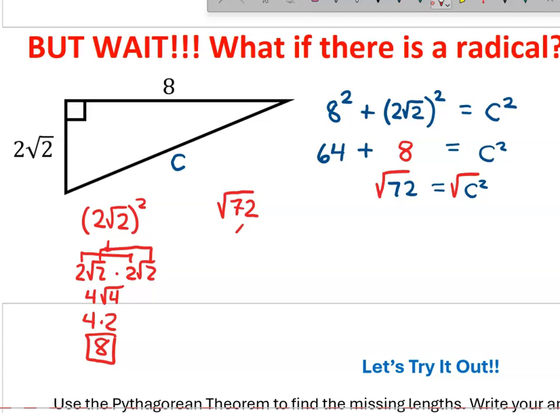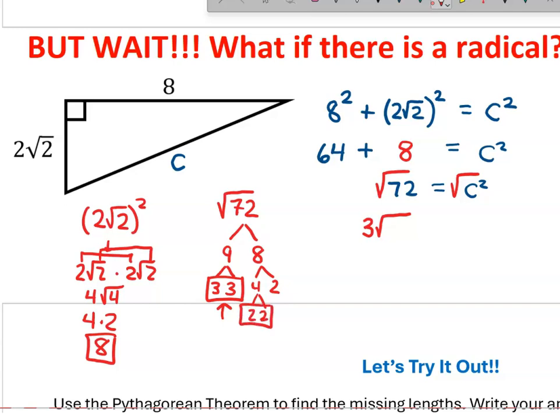So what I usually do for this is I'll create a quick factor tree. Know that 72 is 9 times 8. 9 is 3 times 3. This represents to me a perfect square. And so that perfect square can be essentially pulled out of the radical. 3 times 3 is 9. The square root of 9 is 3. So this becomes 3. And then the 8 also breaks down as 4 times 2.